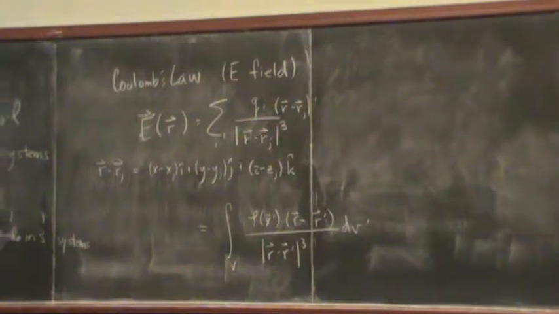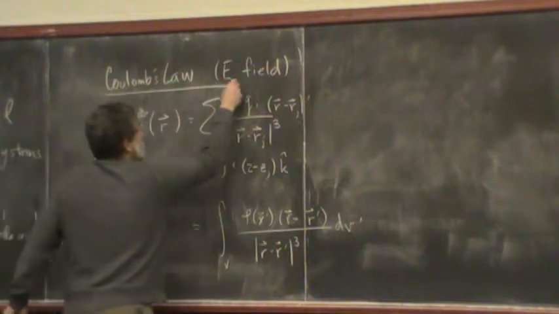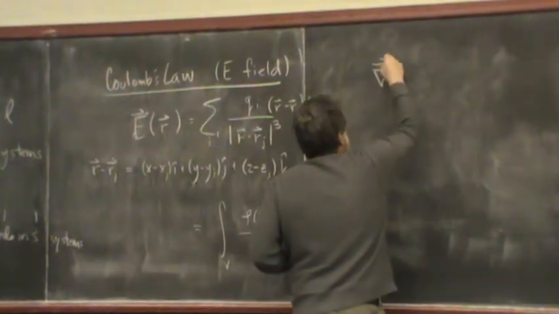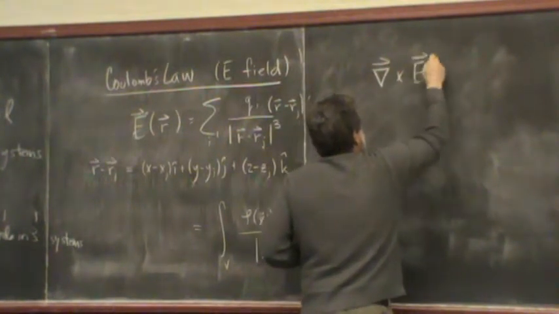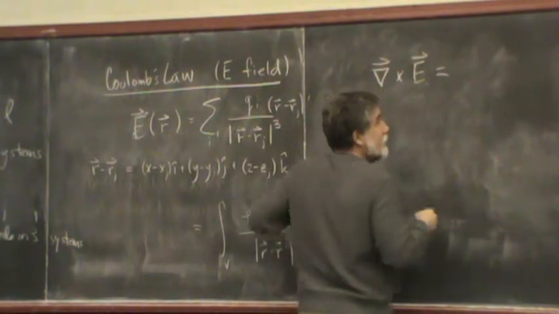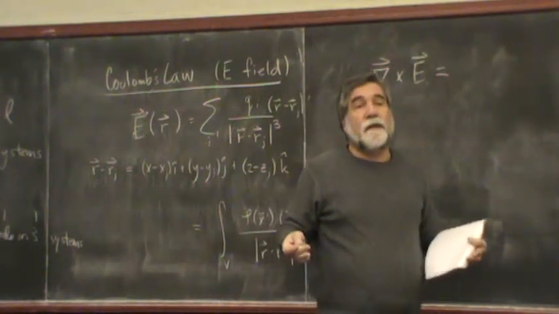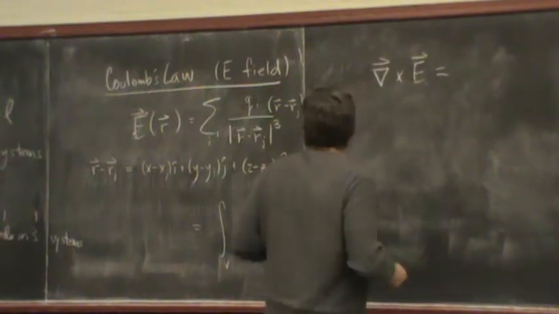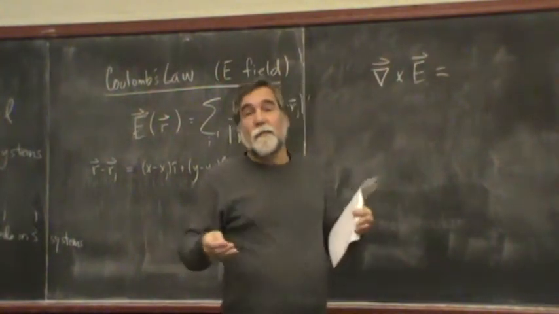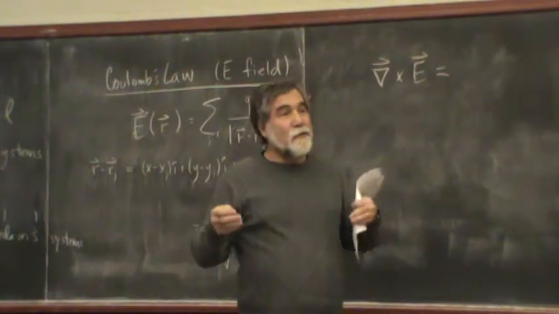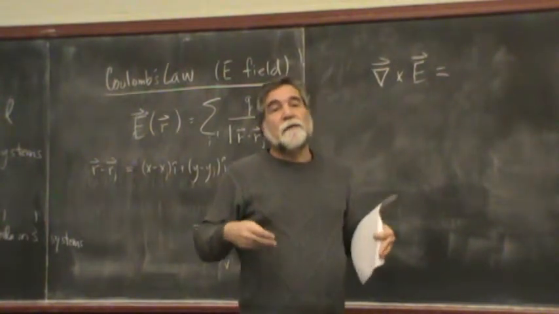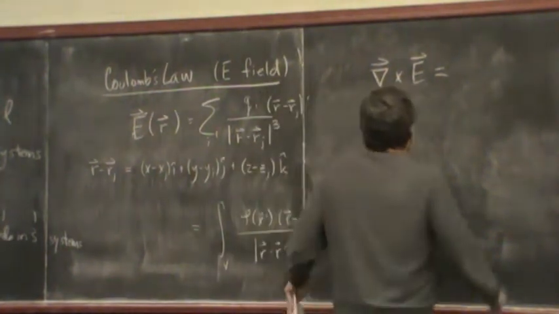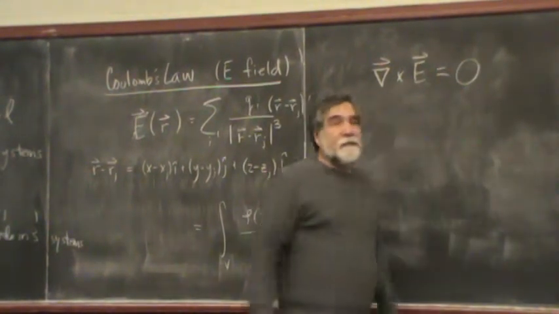There are some consequences of this that are very useful and very important. One of them is that the curl of the electric field, if the electric field obeys Coulomb's law, and in the generalized sense Coulomb's law is actually Q1 Q2 over R squared, but what I'm talking about is the field that you think of when you talk about Coulomb's law, the curl of that electric field is 0.